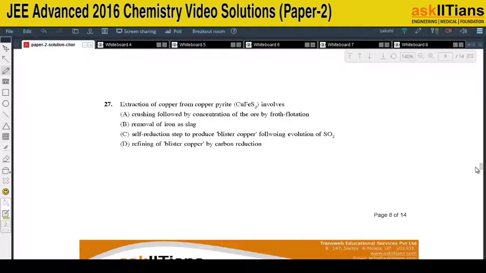So you have to tell which of these four steps are actually involved in the extraction of copper from copper pyrites. Now students, for this particular question, what I think is the better option is I should first tell you the entire sequence of the steps that are actually followed in order to extract copper from copper pyrites.